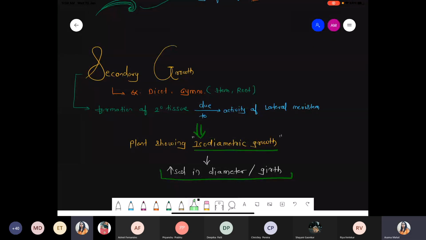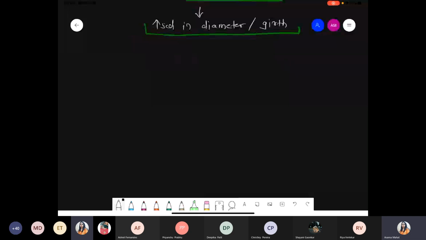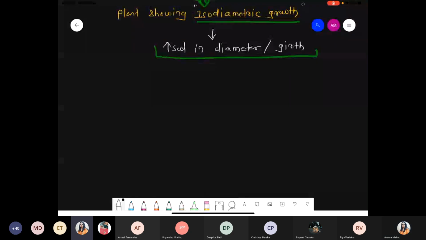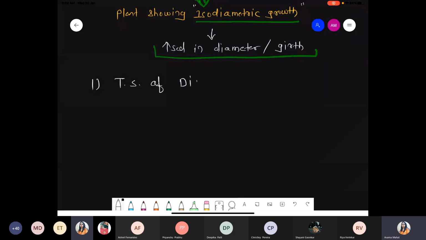Chalo, done this part. So first of all, we are taking simple example dicot stem. First we start with the TS, that is transverse section of dicot stem.